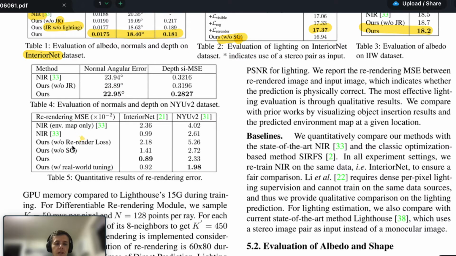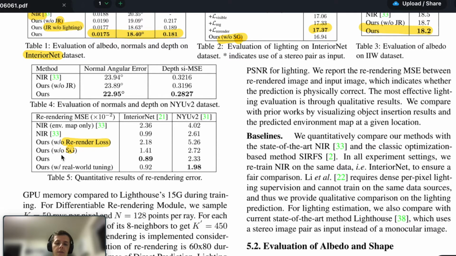And in table 5 they have results for the re-rendering error, and this one is interesting because it gives us an idea about how close they can get to the input image given all their predictions. So they have some ablation studies here as well. First they remove the re-rendering loss, they remove the spherical Gaussian and leave the classic rendering procedure.